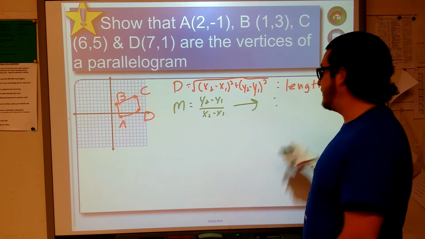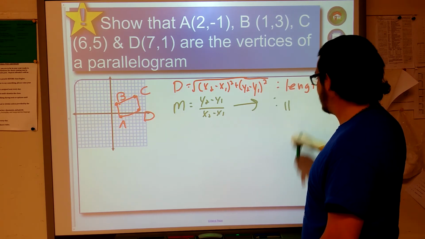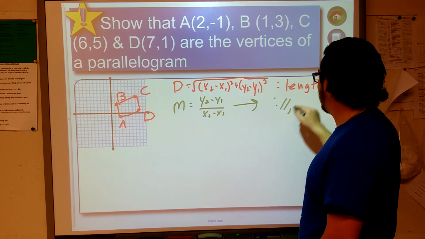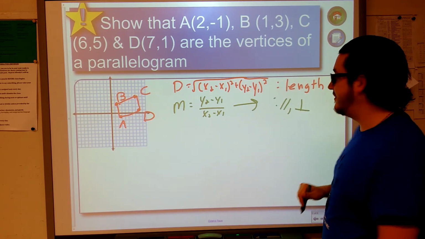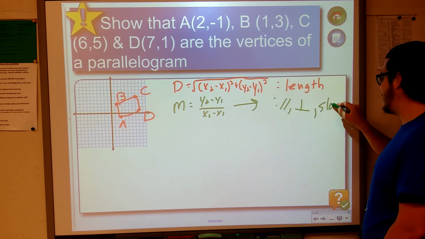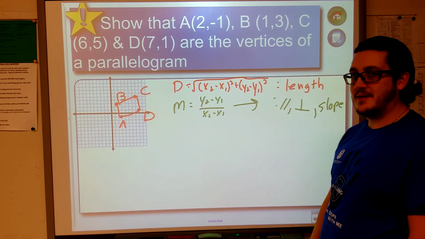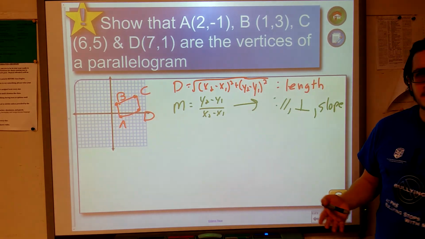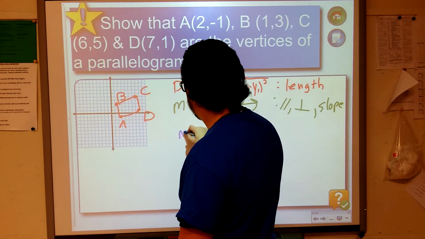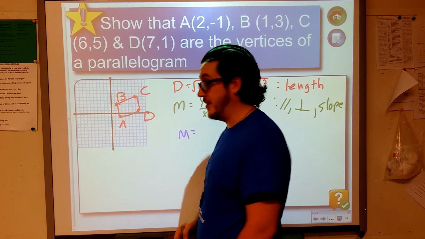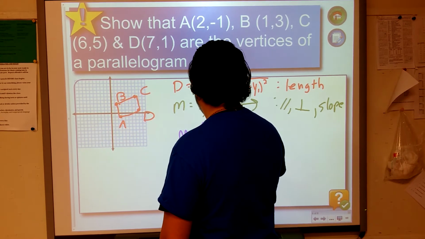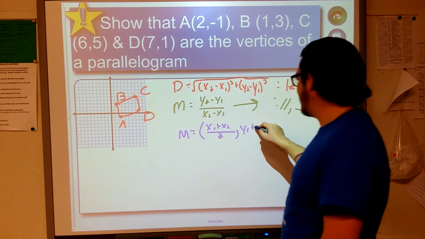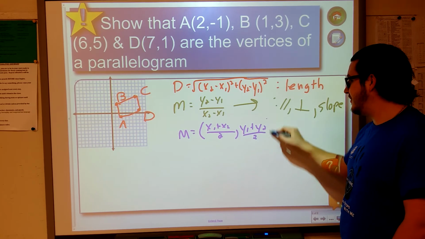Slope formula tells us what? Parallel, perpendicular. It's just the slope of the line, right? Is there any other one? Use midpoint. Good back there, Jack. Great job. x1 plus x2 divided by 2, y1 plus y2 divided by 2.